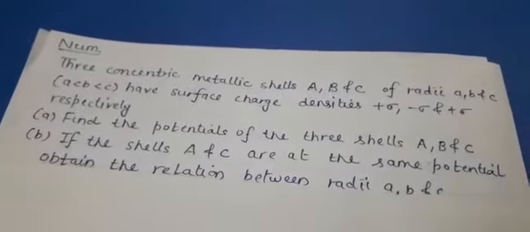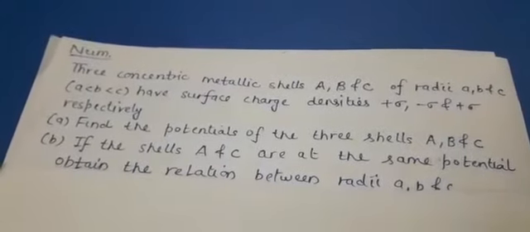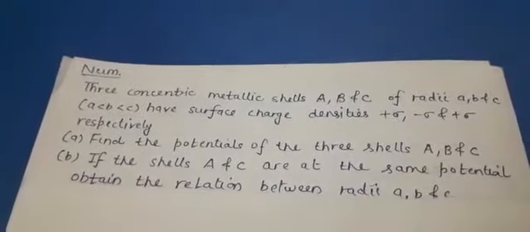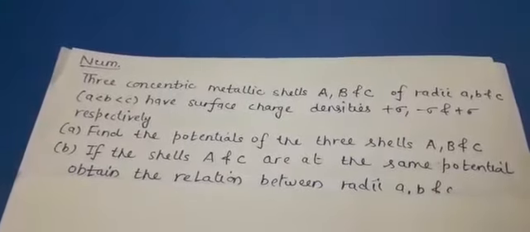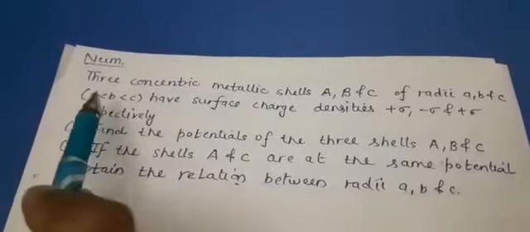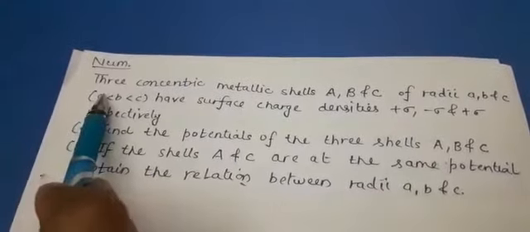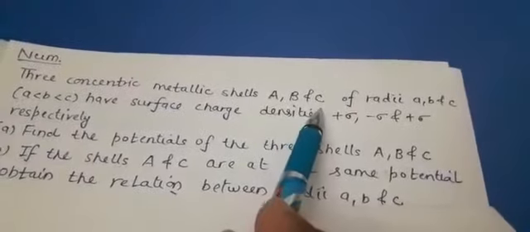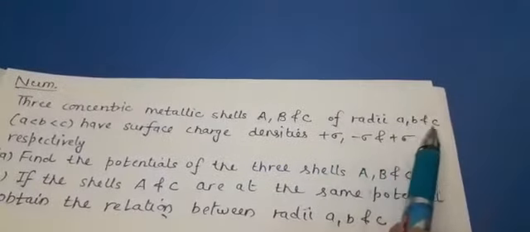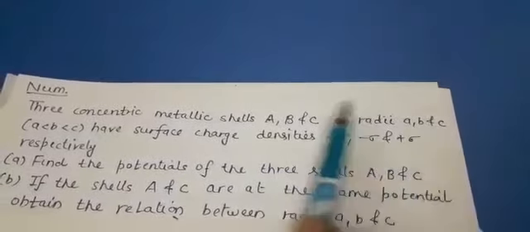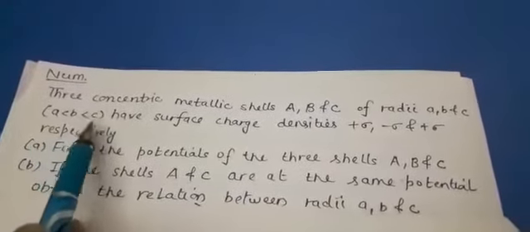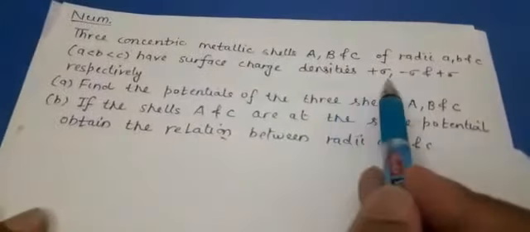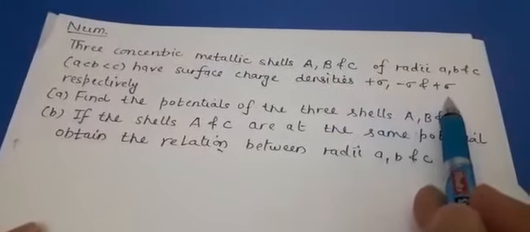So now the next numerical we are taking, it is important from the board point of view. This concept has been asked in board as well as from competitive point of view. Numerical statement is, understand the statement first. Three concentric metallic shells A, B, C of radii a, b, c, such that a is less than b, which is less than c, having surface charge densities plus sigma, minus sigma and plus sigma respectively.